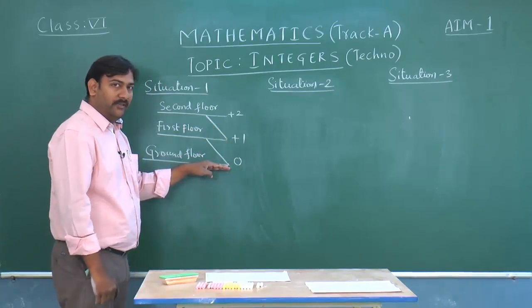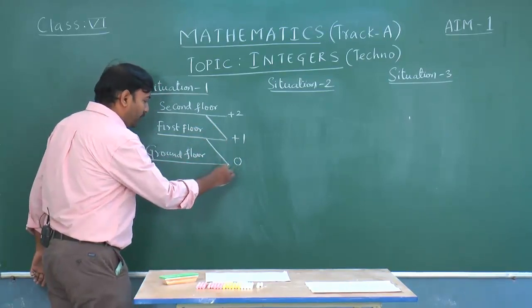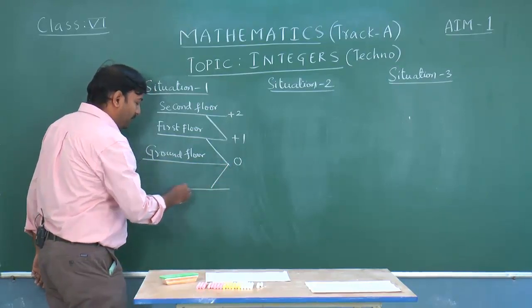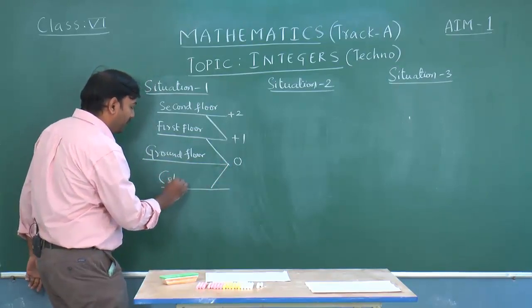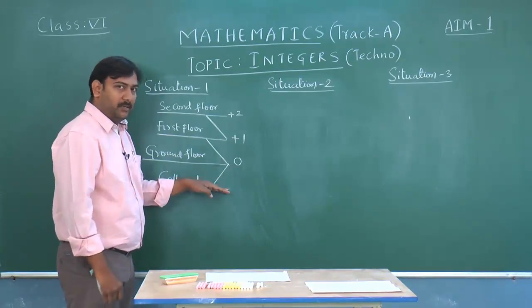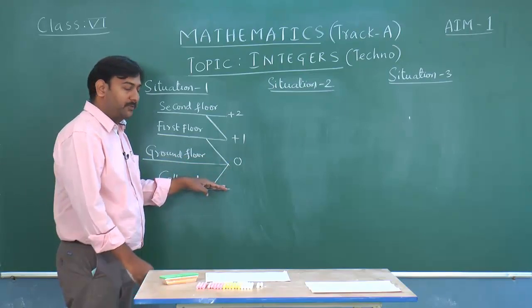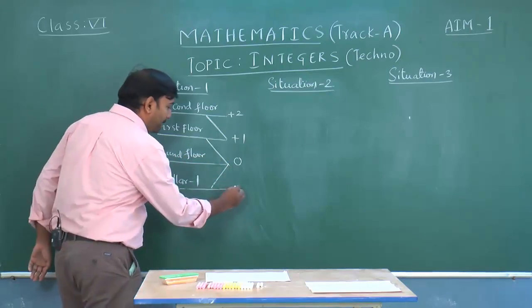In case we consider the cellars, say cellar number 1 or the first cellar, the first cellar is 1 floor below the ground floor, so it is indicated by -1.